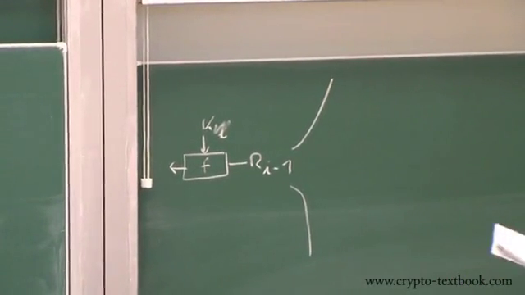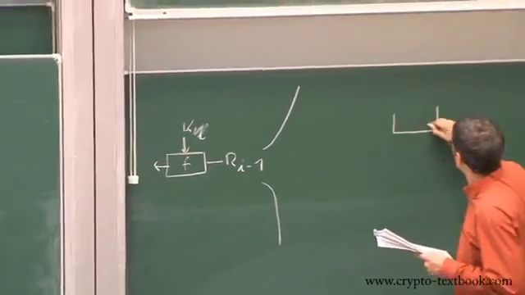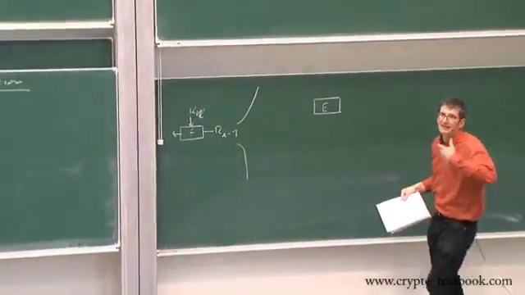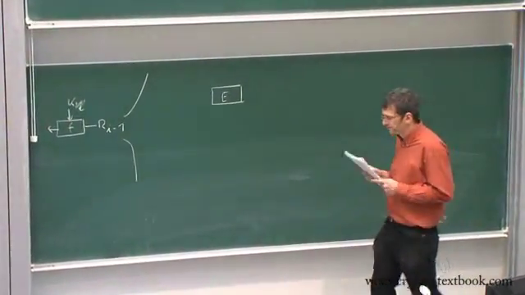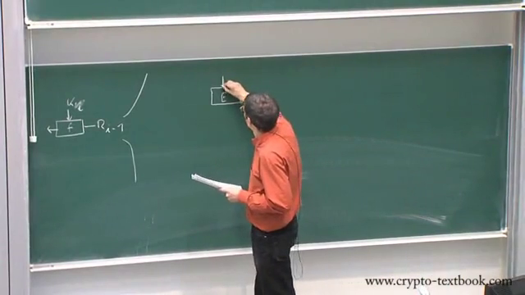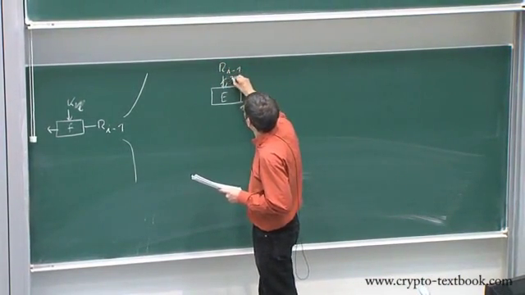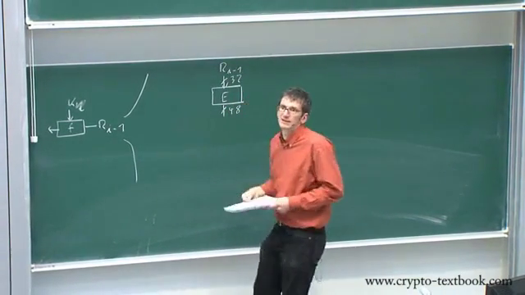But I copy that here on the blackboard, so it's easier for us to discuss. We have the E, which is the expansion box. You start with this R_{i-1}, and you go in with 32 bits. What you get out is 48 bits.